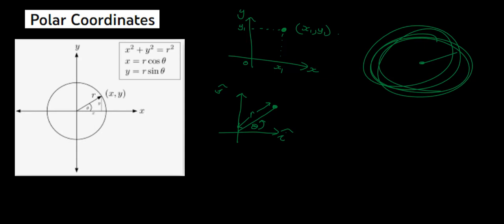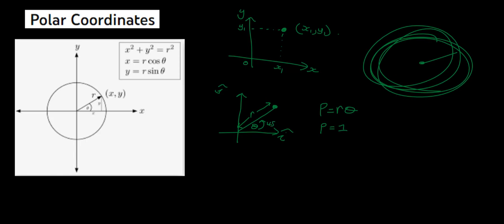So for example, the position here is going to be r, theta. So if r is 1, that would be 1, and I'm going to say that this is, let's call it 45 degrees.